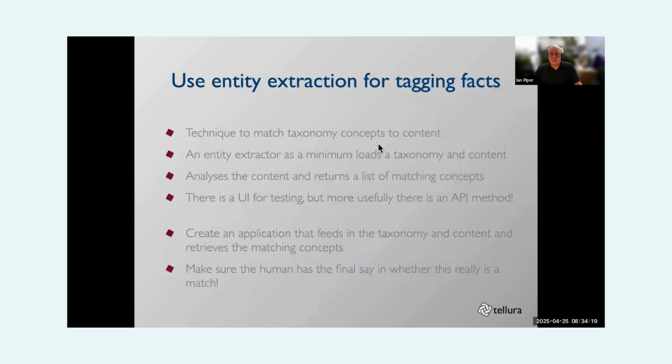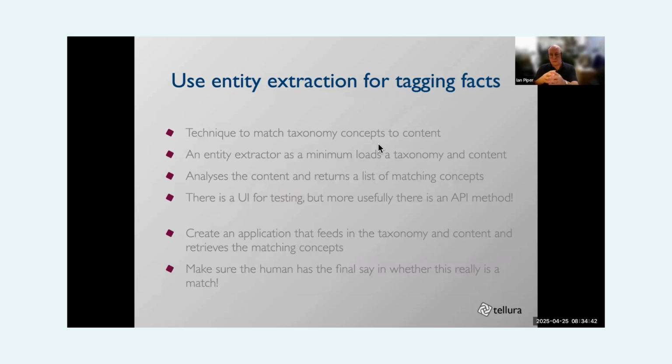And the way I do that in this example is by using something called entity extraction. That's a feature of the taxonomy system that I'm using. And basically, it's a way of creating a match between the taxonomy concepts and content. And if that sounds a little bit like corpus analysis, I think it rests on the same sort of technology.